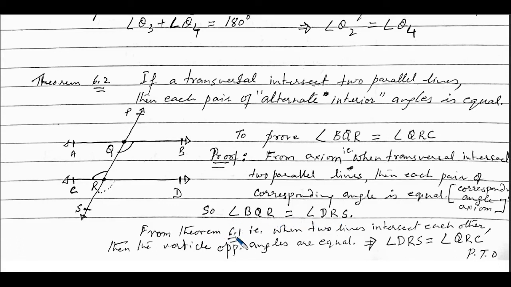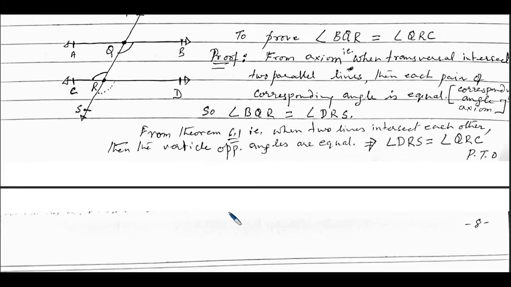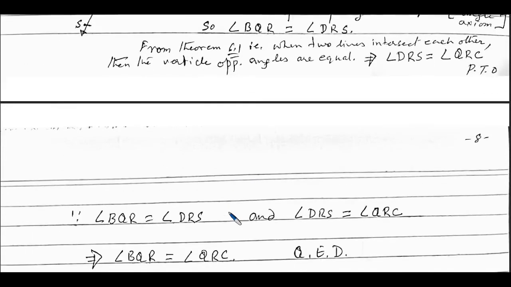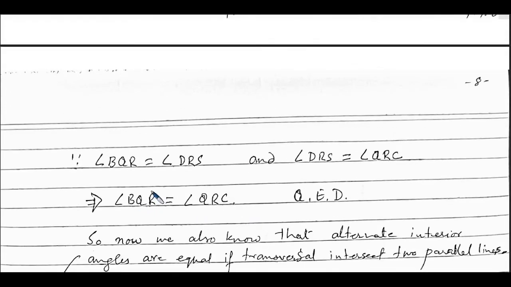And from theorem 6.1, an earlier theorem, when two lines intersect each other, then the vertical opposite angles are equal, so this is equal to this. Okay, so just go through the steps, pause it, see what I have written. So I have written here what I have said. So it implies angle BQR is equal to angle QRC.